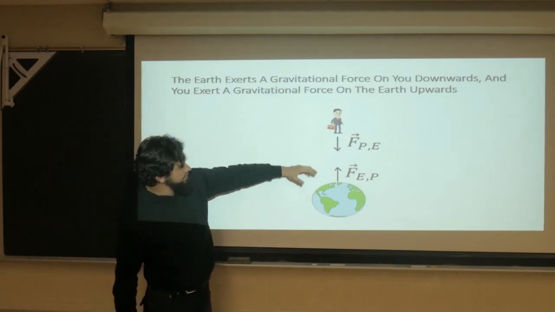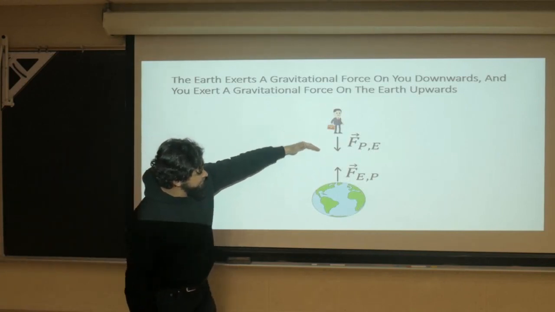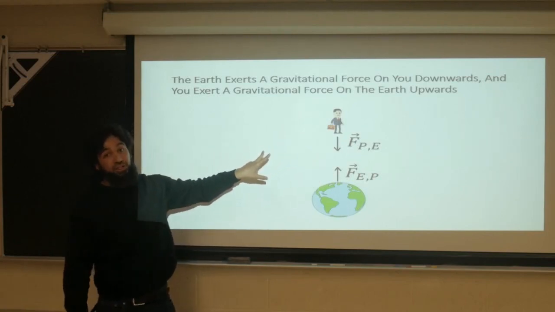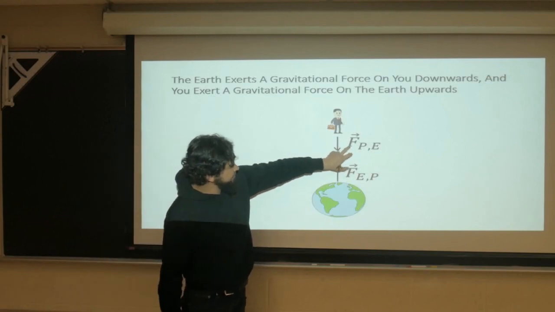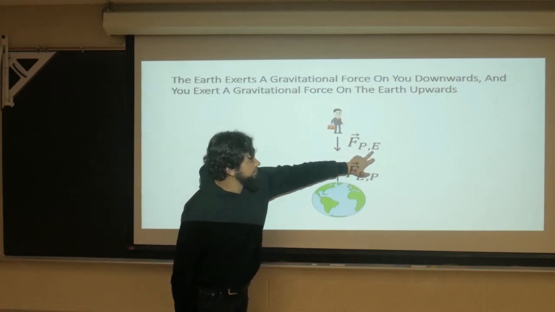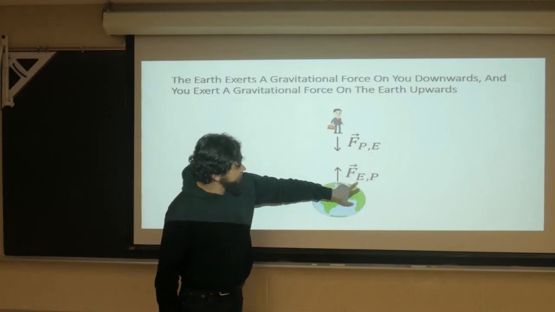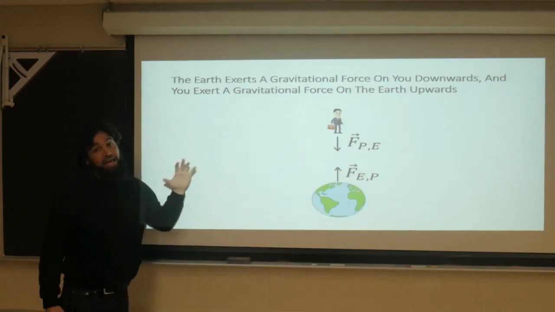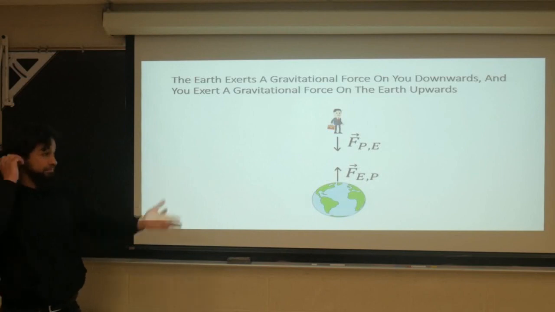So the Earth makes a gravitational force on the person, and the person makes a gravitational force on the Earth, so both are gravitational forces. The force here is the force on the person from the Earth. The force on the Earth from the person. You can see that the indexes are flipped, and these are action and reaction, really.